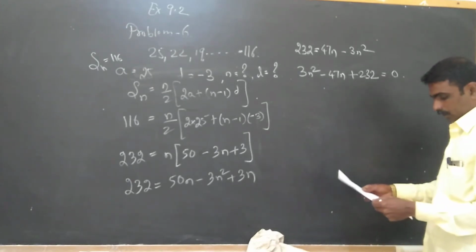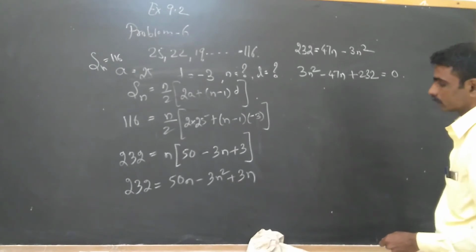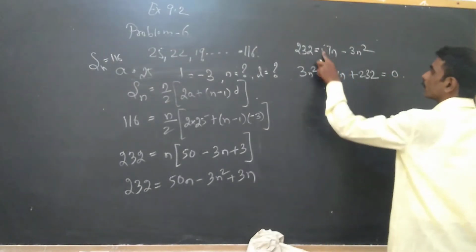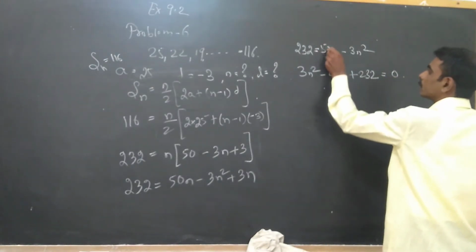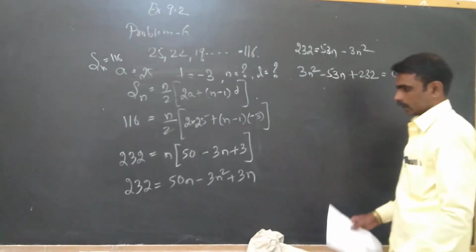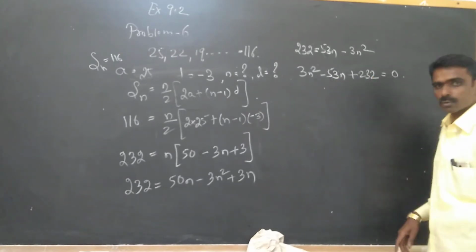So what we get: 50n plus 3n is 53n. So this is what you get, 3n square minus 53n plus 232 is equal to 0.